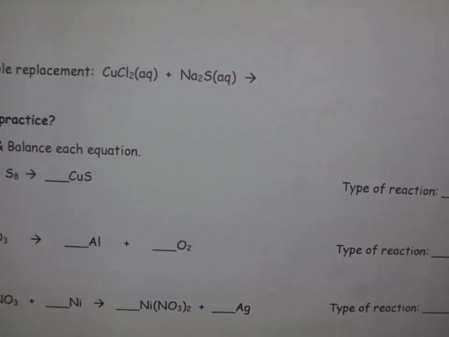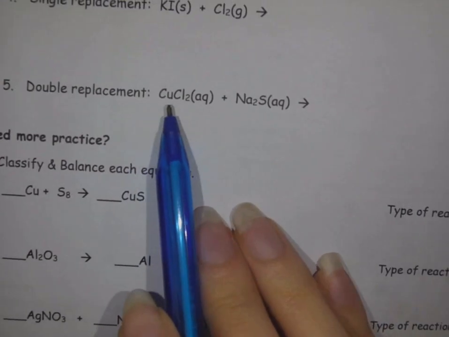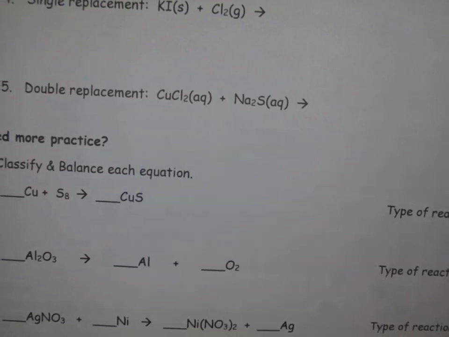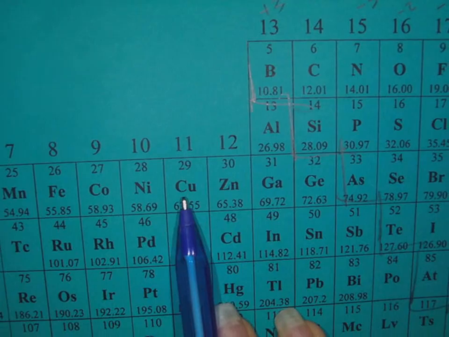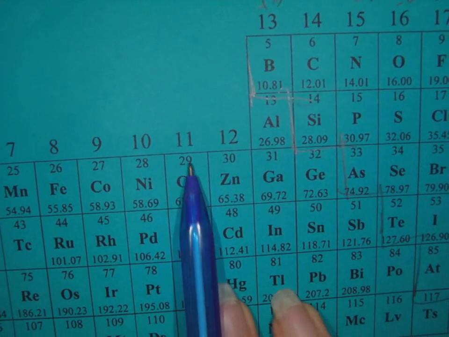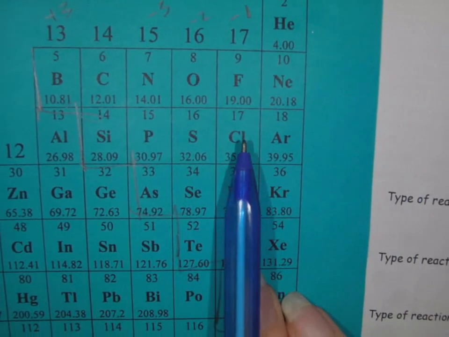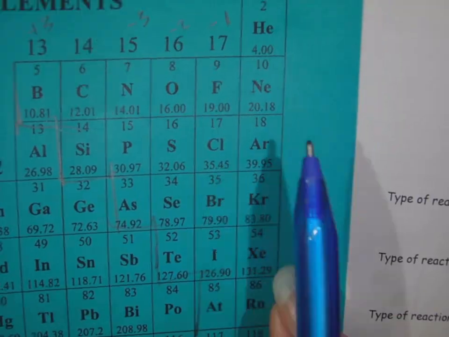Okay. So question 5, double replacement. Copper. Now, copper is right here. And see, I don't know copper's charge, but I do know chlorine's charge, and it's a 1-.